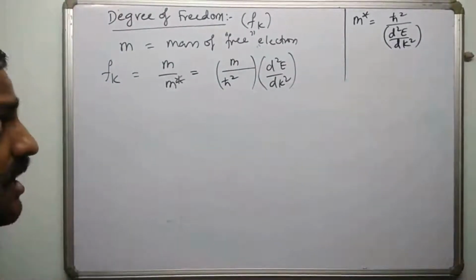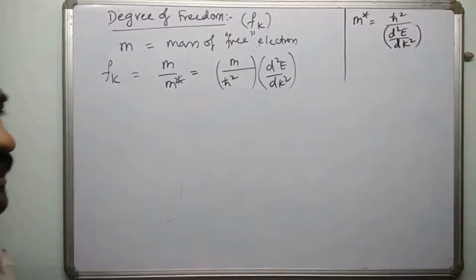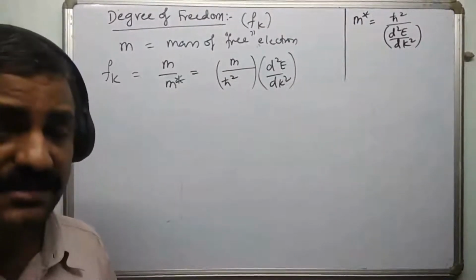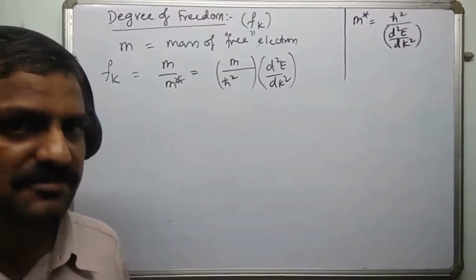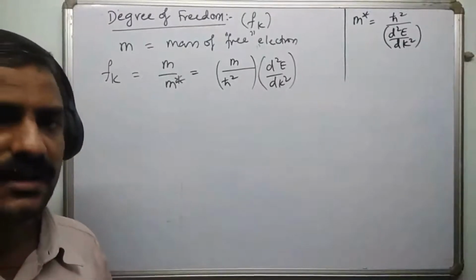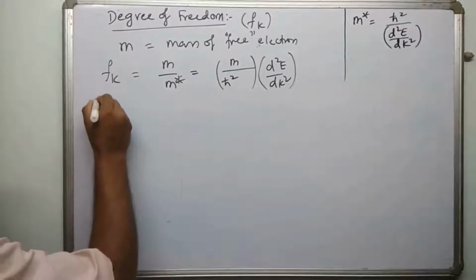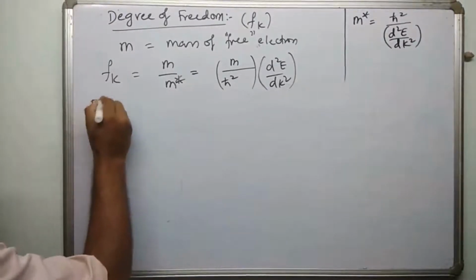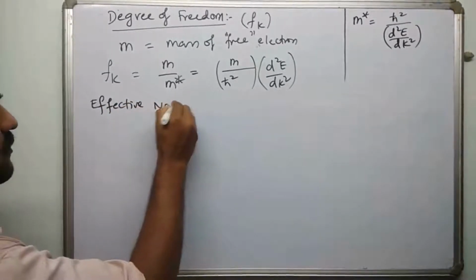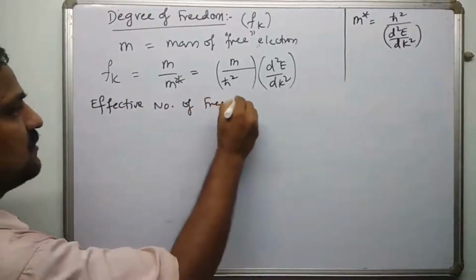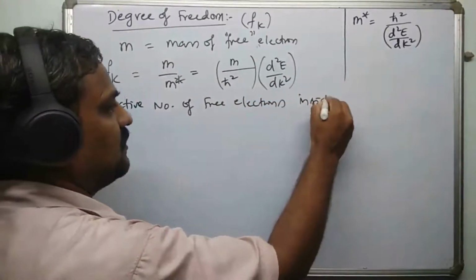So this is the next one after effective mass. Now I'll define one more parameter. It's a value, an expression, which we are going to derive now. That is the effective number of free electrons inside an energy band.